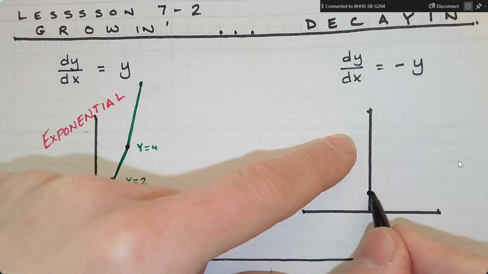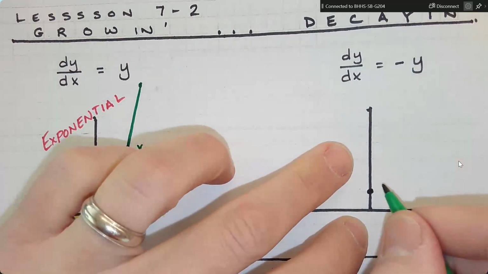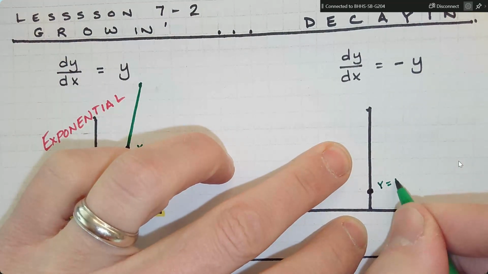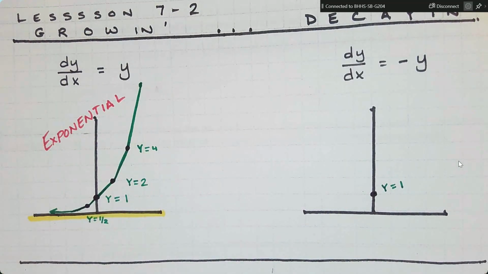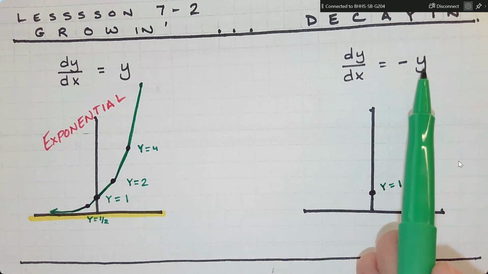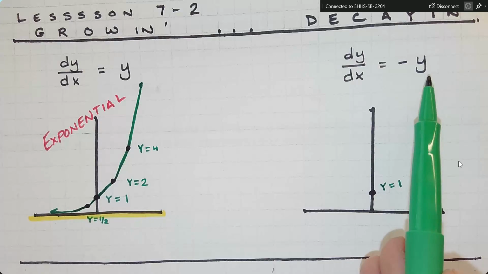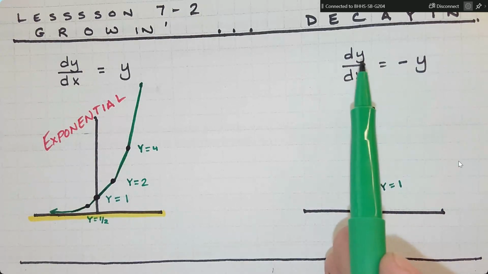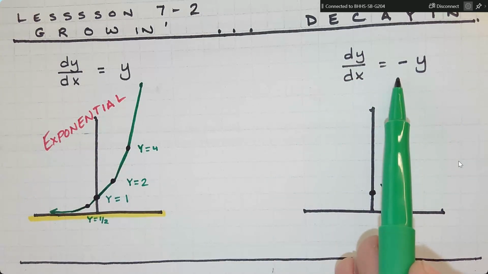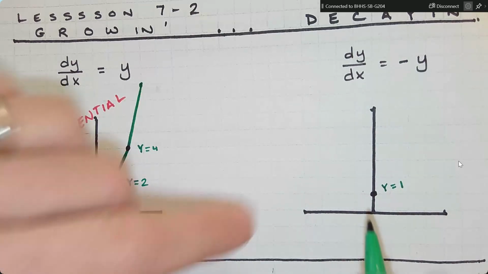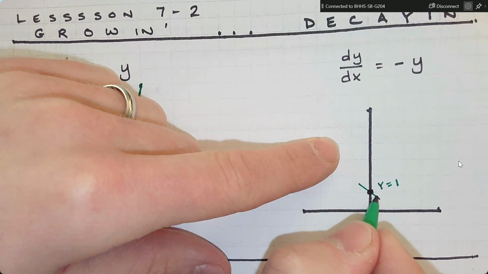Let's start right there where y is 1. Okay, now we got a different game. If y is equal to 1, I plug a 1 in right here. Now the slope is going to be negative 1. So we would draw that slope kind of like this.